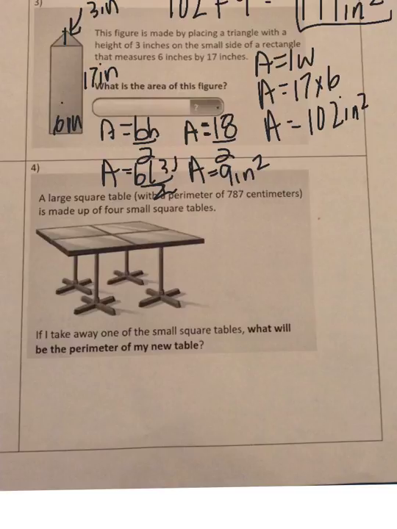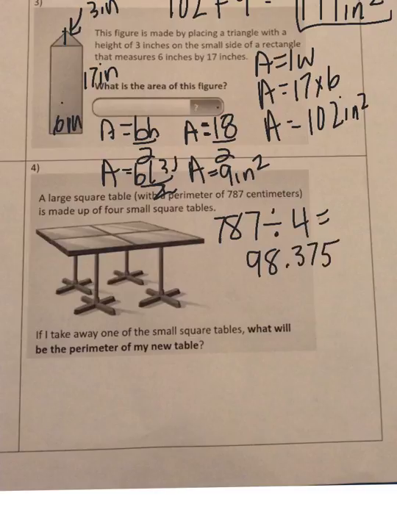Since a square has 4 sides, if I just take 787 and divide by 4, I will get the length of one side. So this is going to give me 98.375. Just kidding, that's the next step.